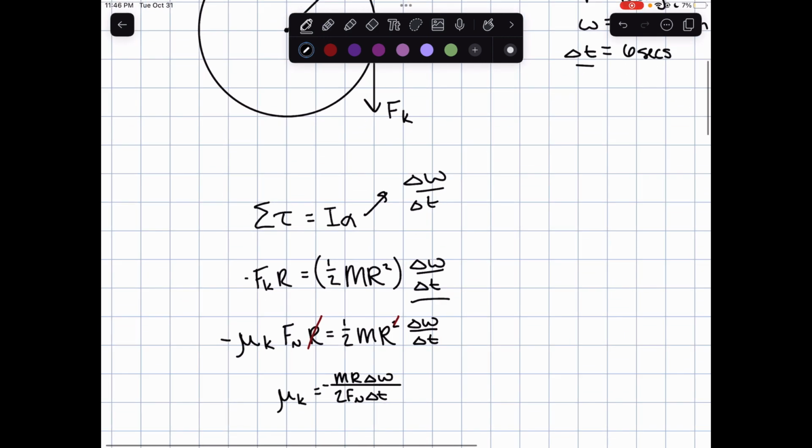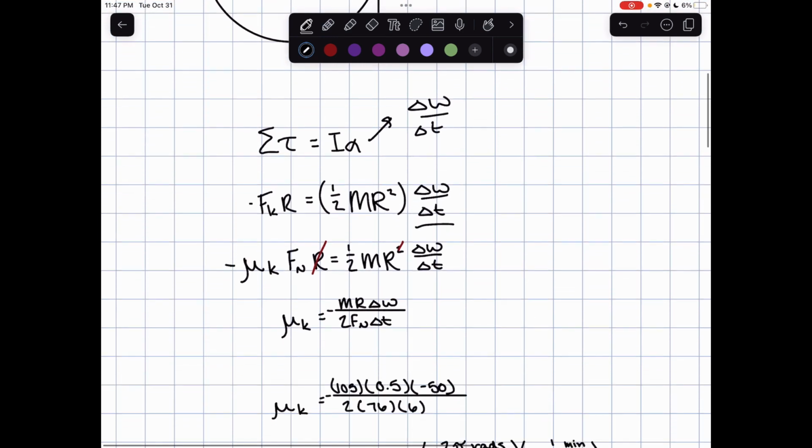So we can substitute in mu k times Fn times the radius equals the moment of inertia times the angular acceleration. Finally, we can simplify the equation to make mu k equal to negative mass times radius times change in angular velocity, all over 2 times the normal force times the change in time.